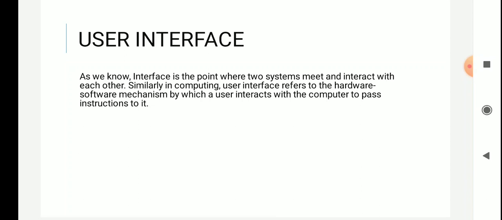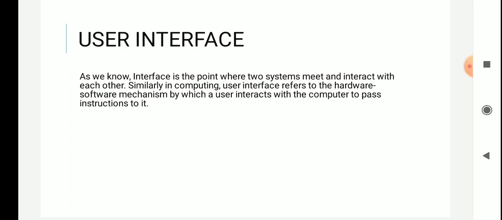As written here and in your book also, interface is the point where two systems meet and interact with each other. Similarly, in computing, user interface refers to the hardware software mechanism by which a user interacts with the computer to pass instructions to it. We pass instructions using hardware like a keyboard or mouse, right?